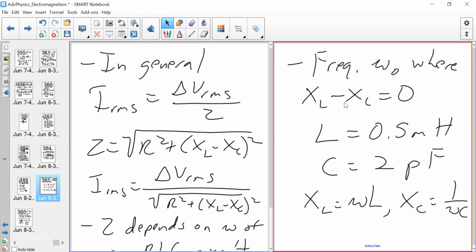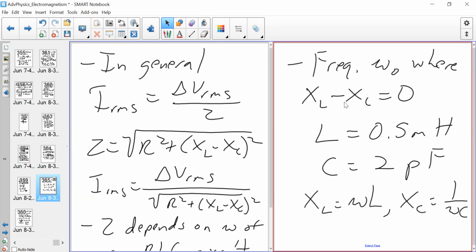The IRMS will have the same cycles as the VRMS. And that's where you start tuning your radio. There's a particular frequency that we can tune into, a broadcast station, 97.1, 640 AM radio, by basically eliminating the phase difference with the L's and the C's.